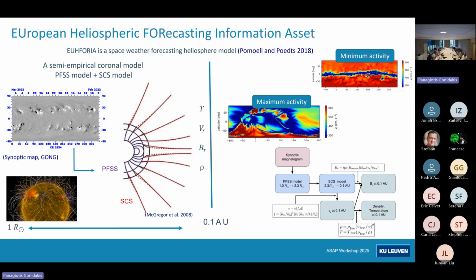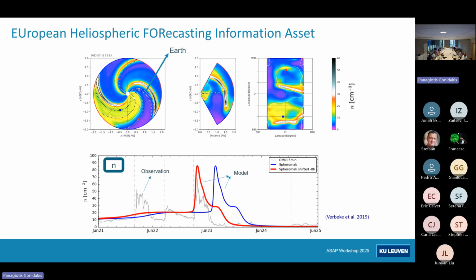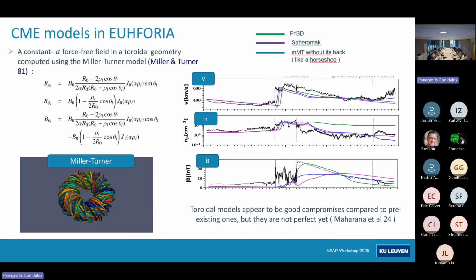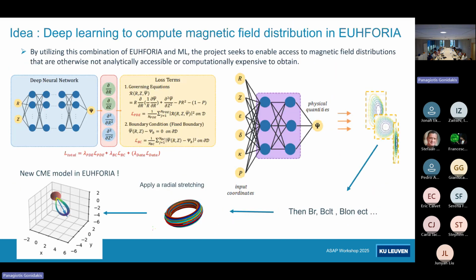It adds some resource into EUHFORIA. And for the flux rope, it's okay, but for 3D, you need to determine all the structure of the magnetic field. This can take time. It is why using something that is already trained helps. Yeah. Okay, you apply it at one point, it gives you the result just like that. But it is not published yet, and it will still work. Okay. Good. Yeah. Thank you.